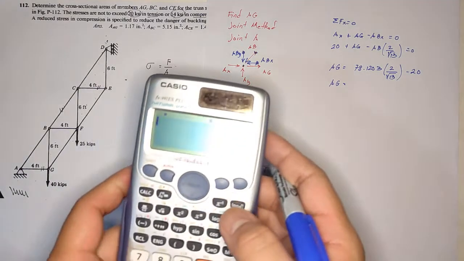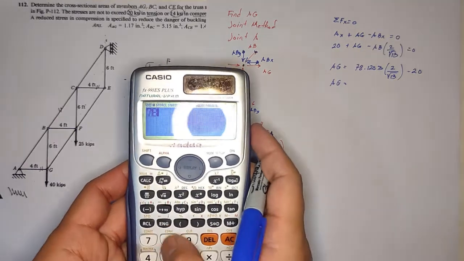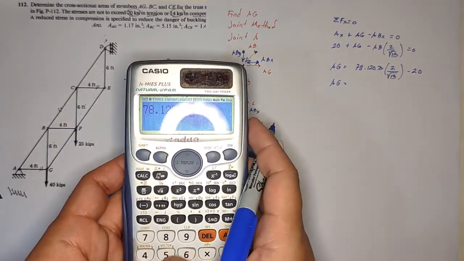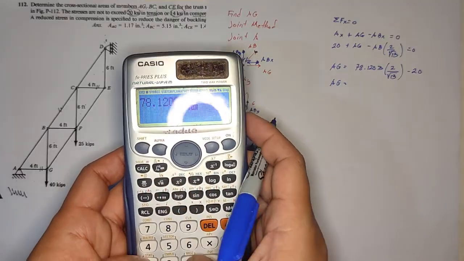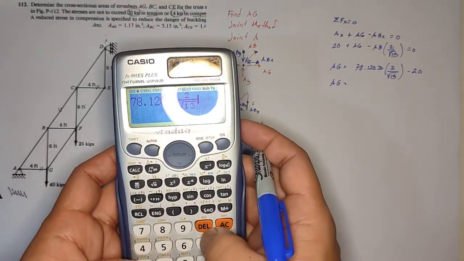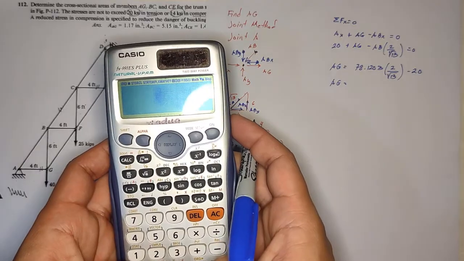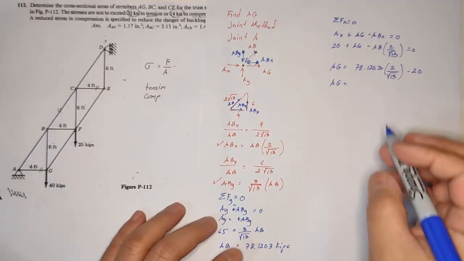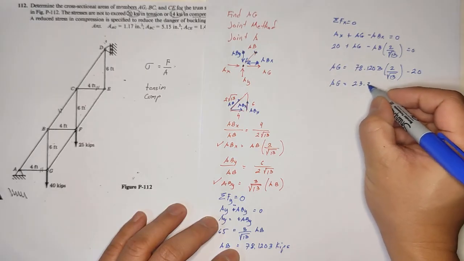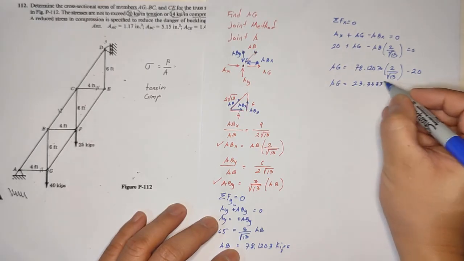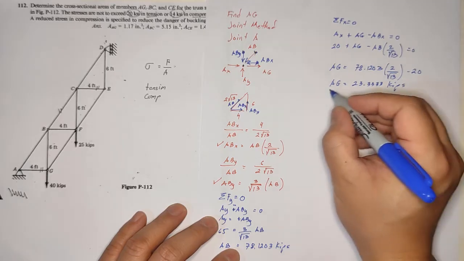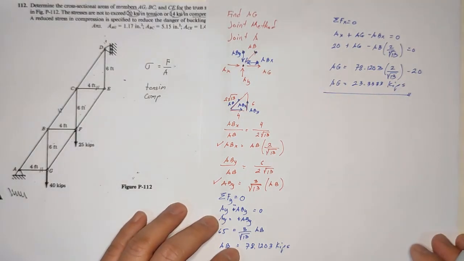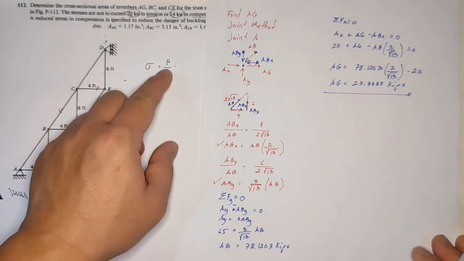Let's see. So, that is 78.1203 times 2 over square root of 13, minus 20, that is positive, so that is 23.3333 kips. Okay, that is AG, that is the force.